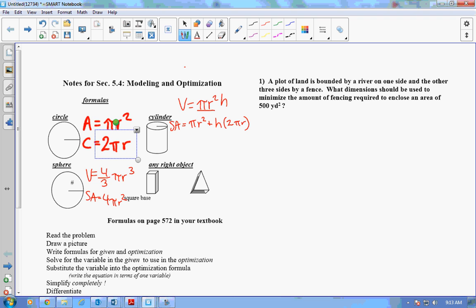Wait, I have two because there's two bases. Oh, no. I'm missing a 2. I'm trying to figure out where it came from. There's supposed to be a 2 there. Because surface area, we have two circles, a top circle and a bottom circle, which is pi r squared.